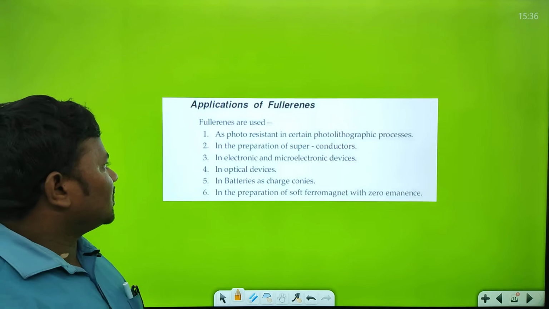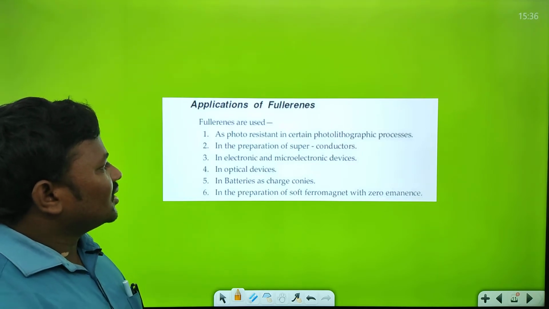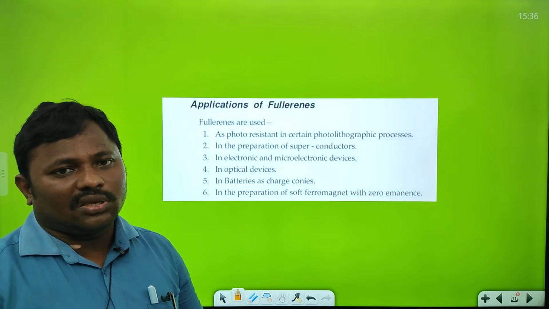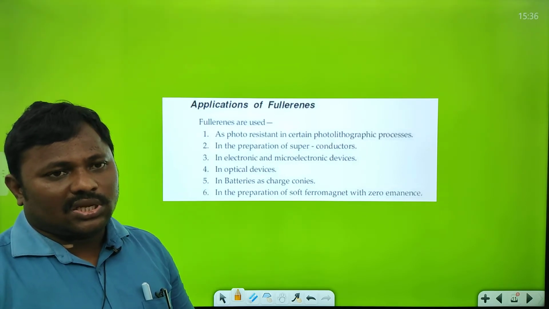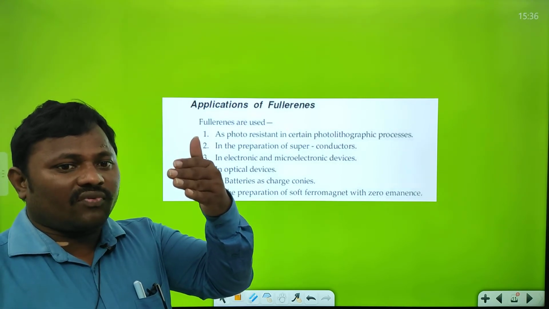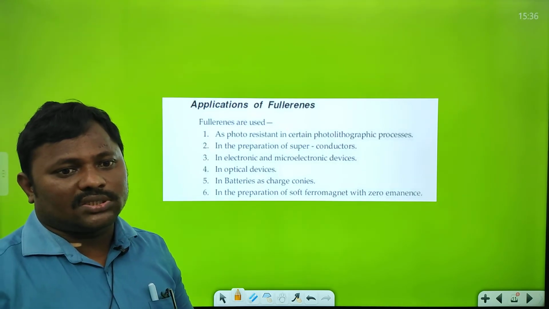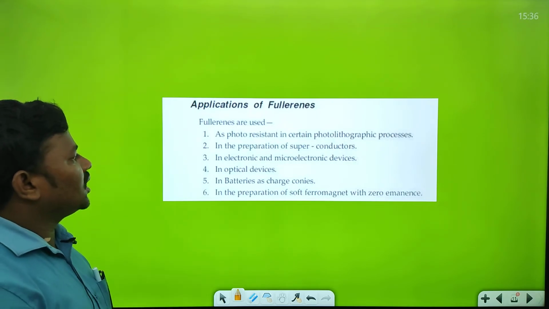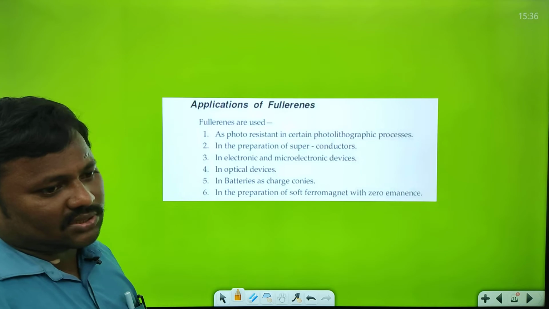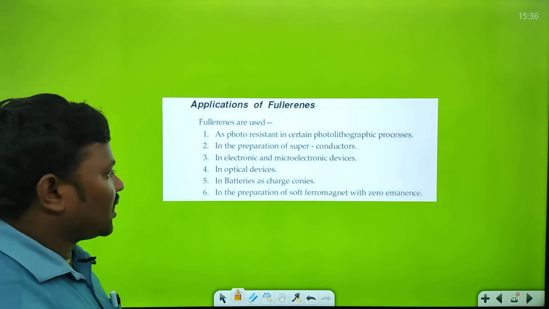They are used as photo resistance in the photographic processes. That means simply light reflectors we use, and in the preparation of superconductors. Why?